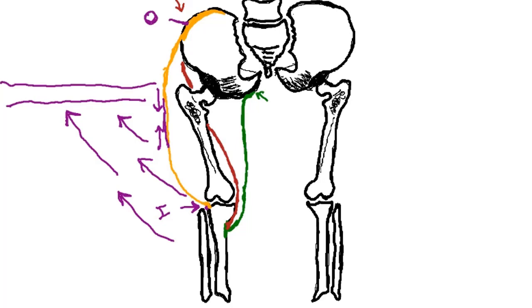Your gracilis, on the other hand, works the same way, but since it's on the inside of your thigh, when this muscle shortens, and it attaches at your tibia down here, this is going to bring this leg inside like this.